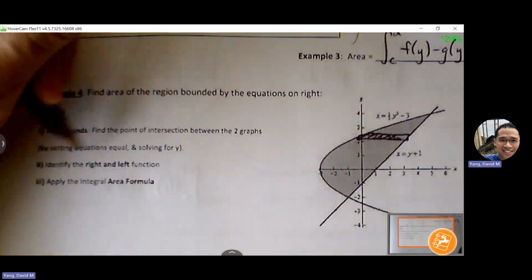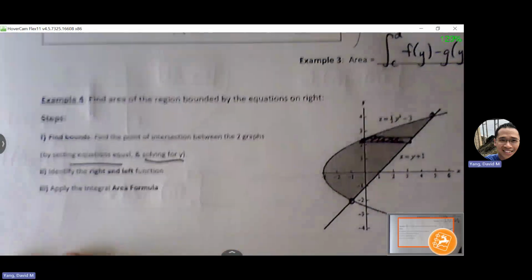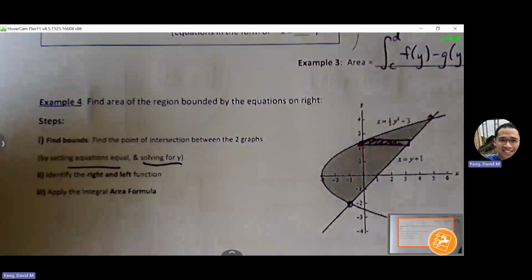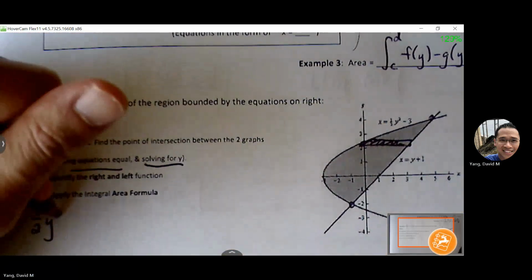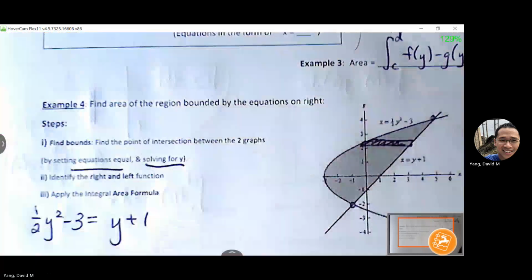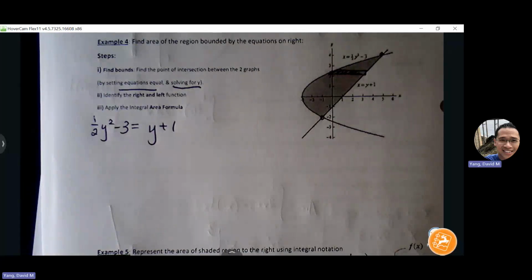Okay, we're going to set equations equal to each other and solve for y so that we can find the upper and lower bounds that we can use for our C and D here, or our low and upper bound in terms of y. Okay, so I want to solve this by hand here. It's easier to do a quadratic without that coefficient of 1/2.